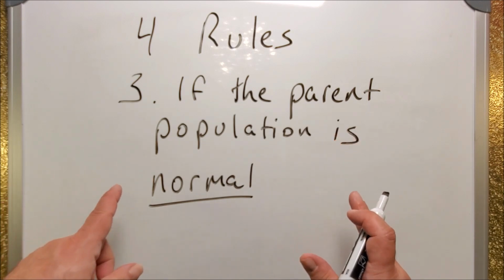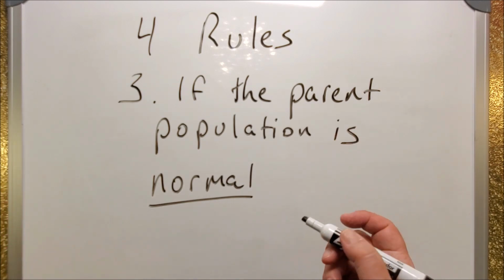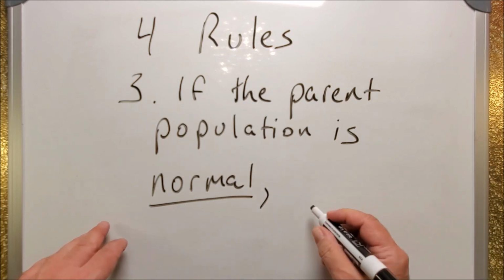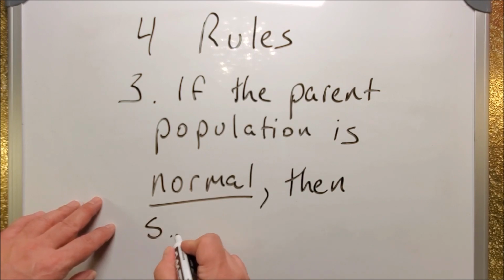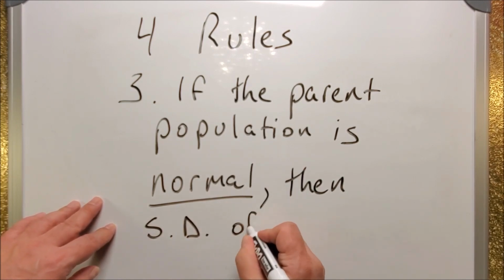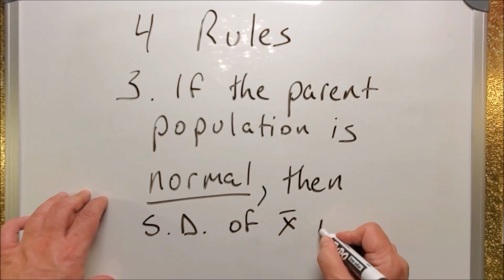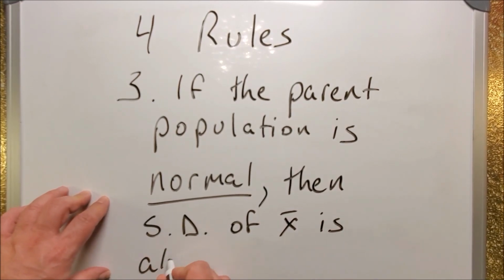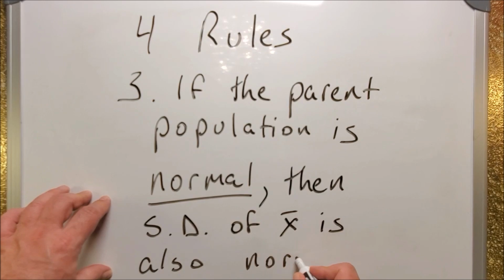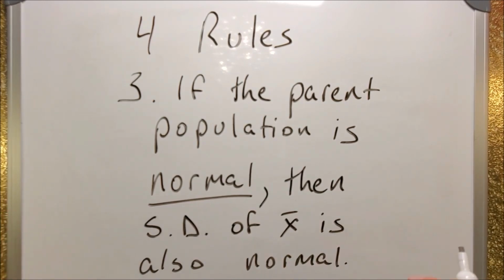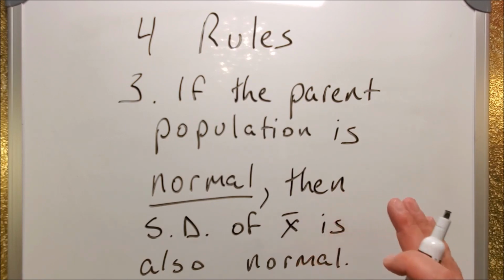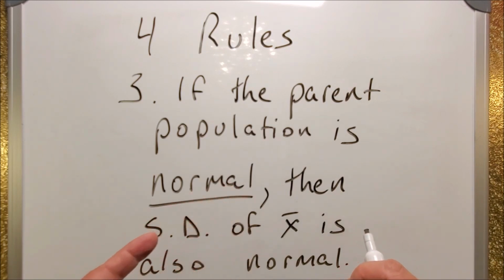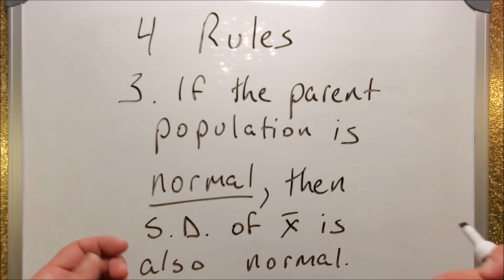If the parent population is normal in that way, then the sampling distribution of x bar is also normal. So as long as the parent population is normal, the sampling distribution is automatically normal too. It has the same mean. It might have a different standard deviation, but it's normally distributed.